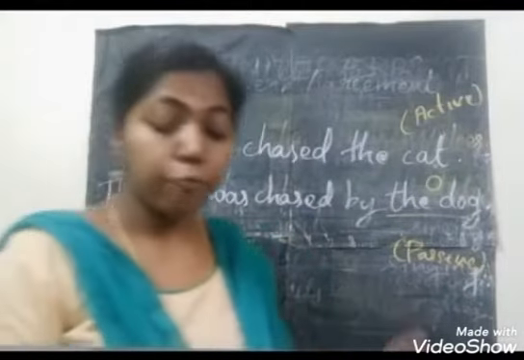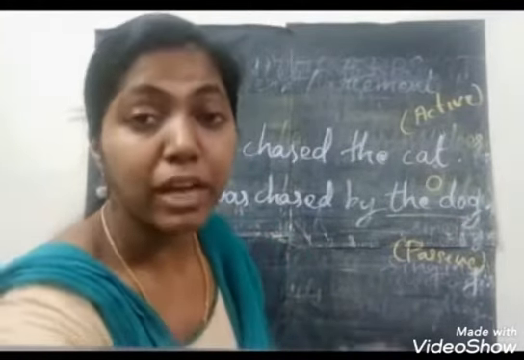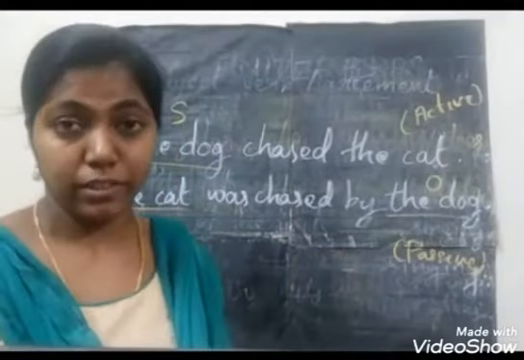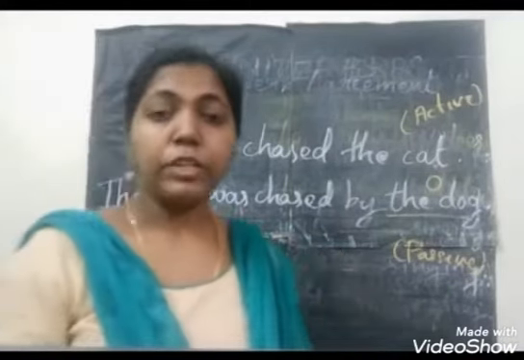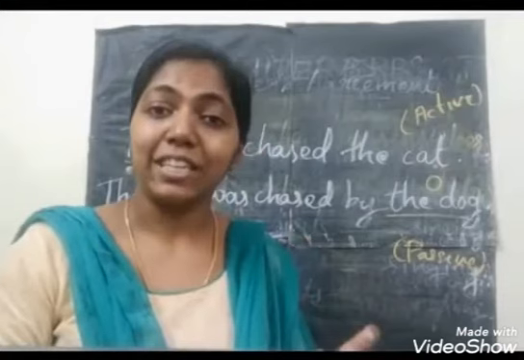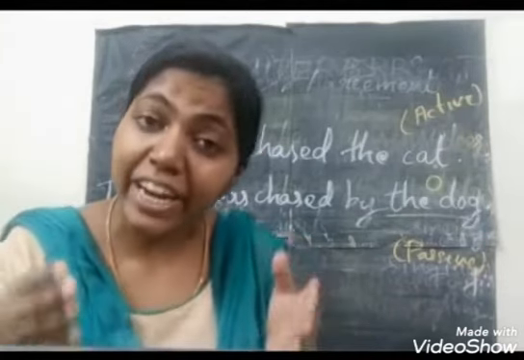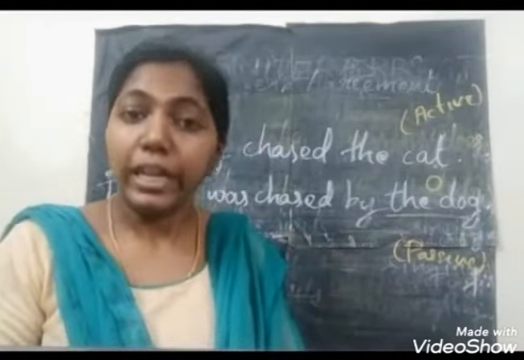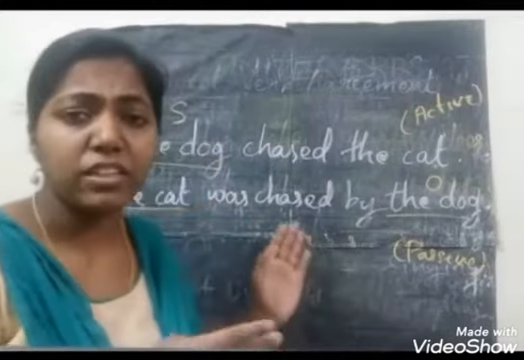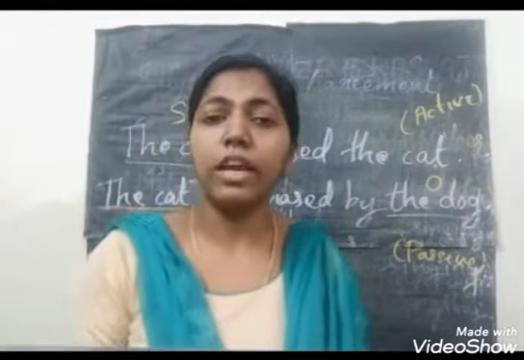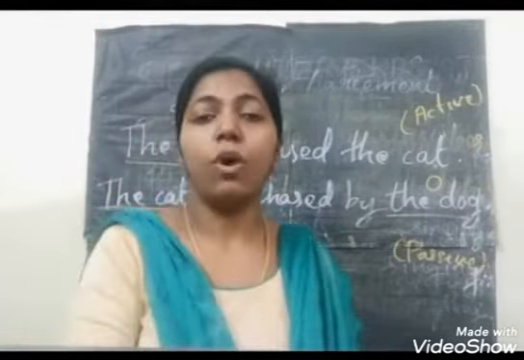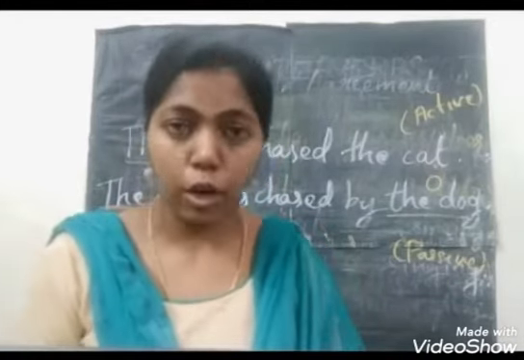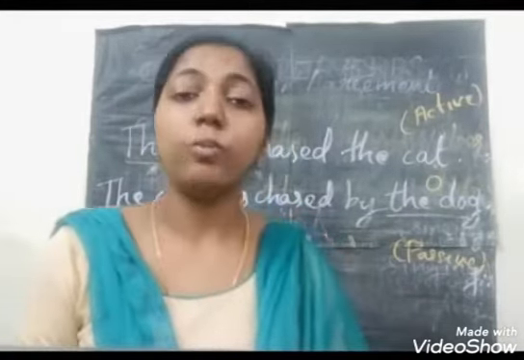If you get confused, children, please don't apply this tip in all the sentences. Let me tell you once more. There are sentences where you can directly find the object. At that time, there is no need to apply this tip; you can easily tell that the verb is transitive and it has an object. In some sentences, you might get confused.